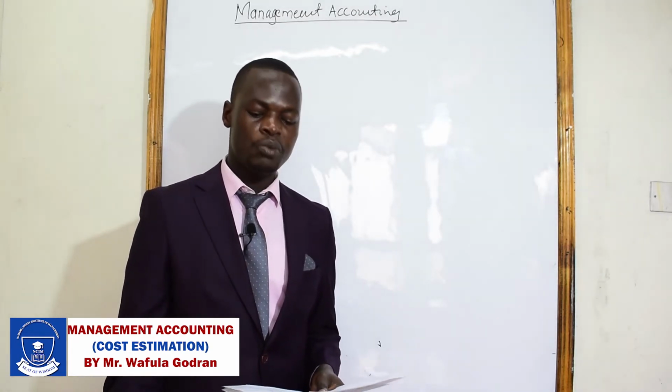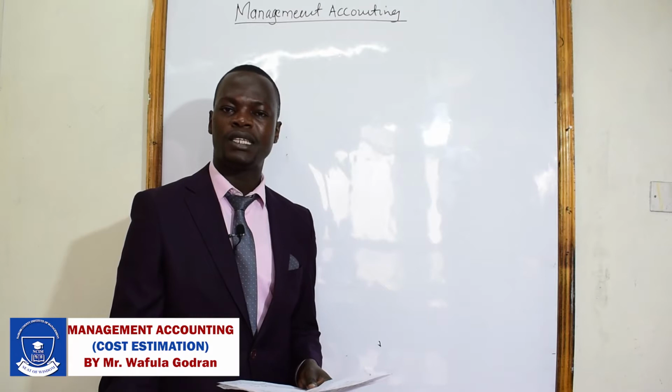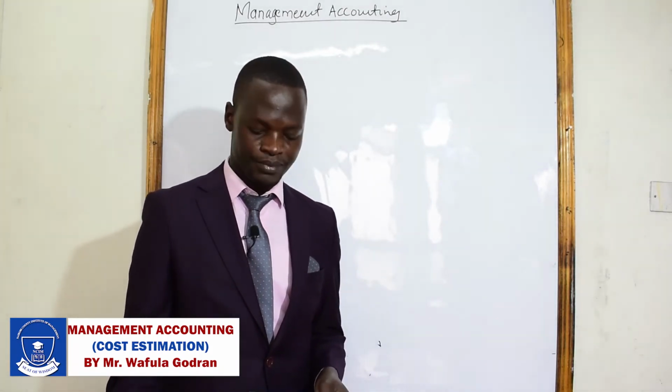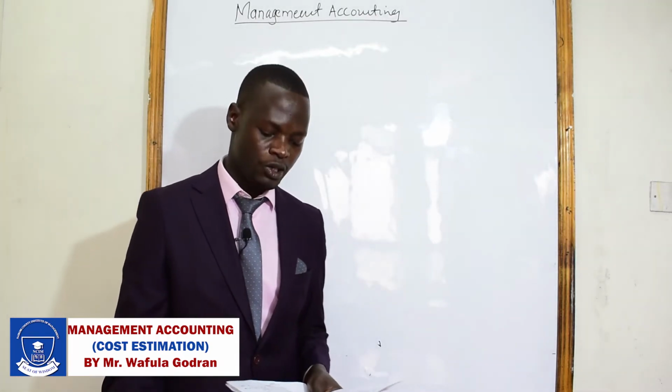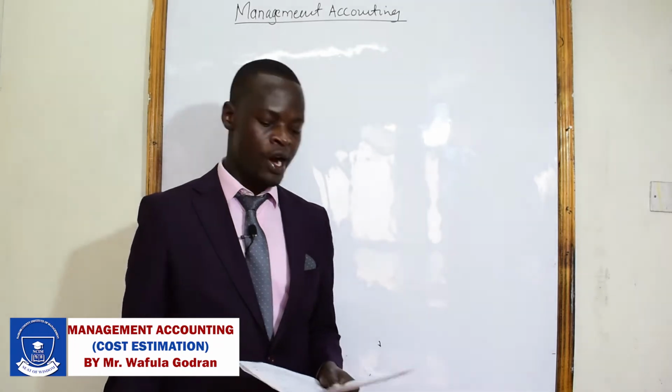With these two points established, we are able to determine the equation. We are able to come up with the cost function in the form y is equal to a plus bx.